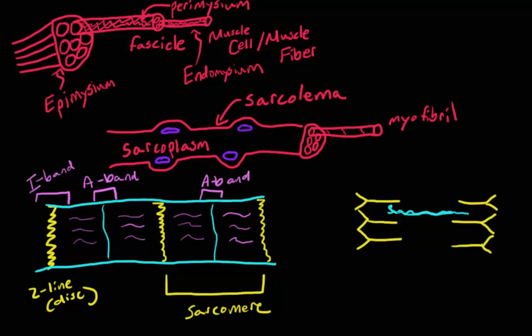We call these myosin heads because the protein itself is called myosin. Okay. So this is myosin, and the yellow lines are what we call actin, and this area would be our Z line.